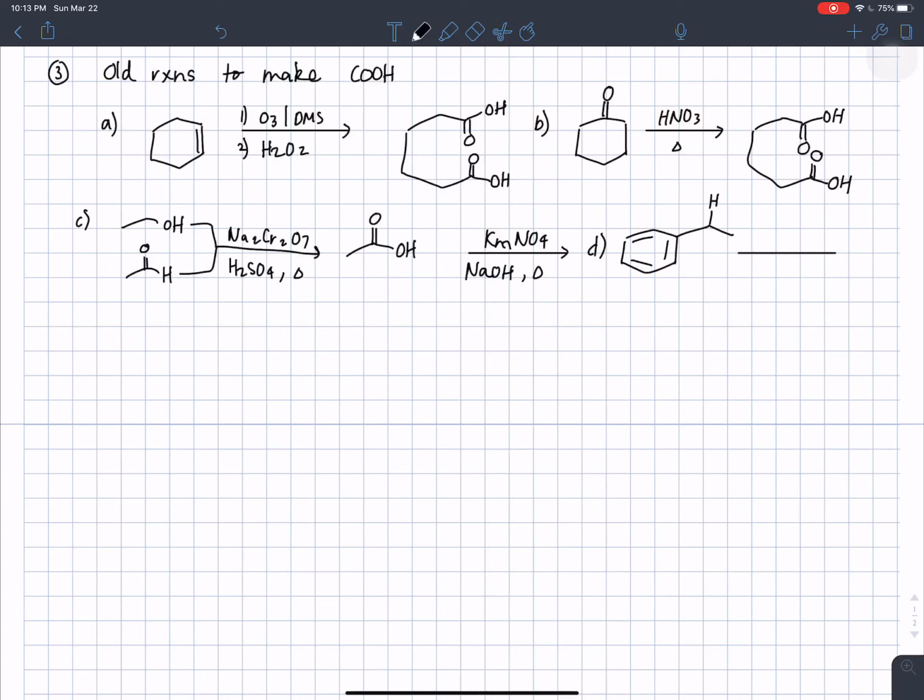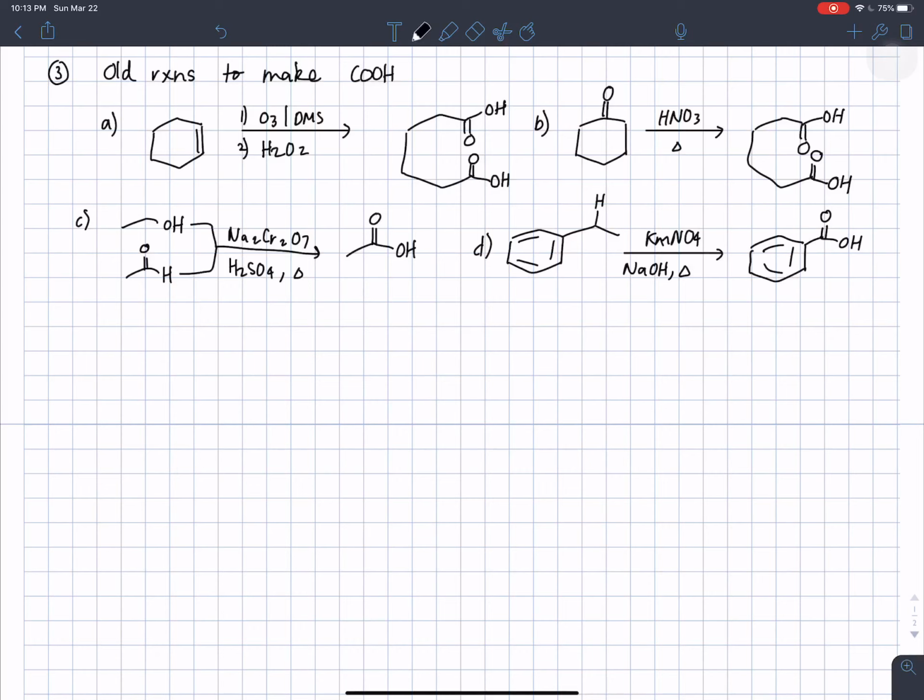If you take this and you put this through KMnO4 with NaOH and heat, it turned the entire R group into a carboxylic acid. So it turned this thing into a carboxylic acid, like that. So that was another one, really strong one. So just remember this one.